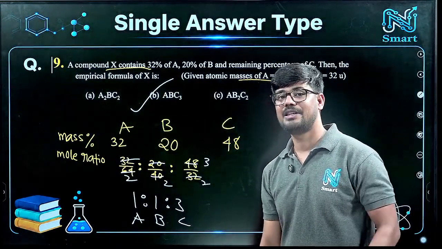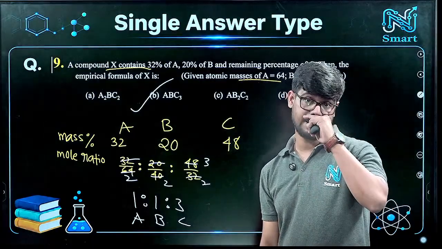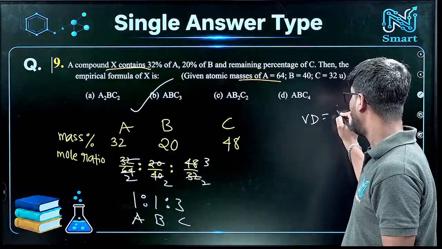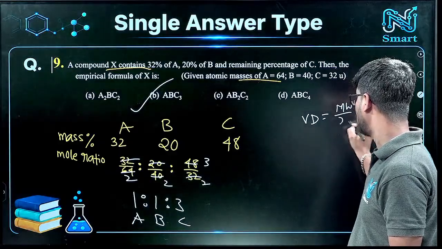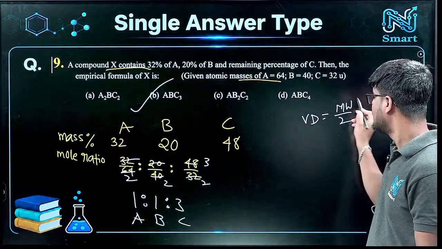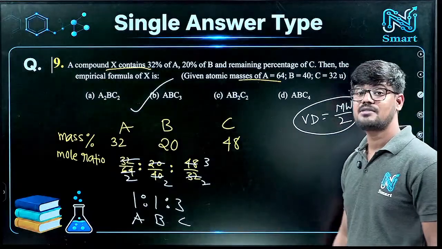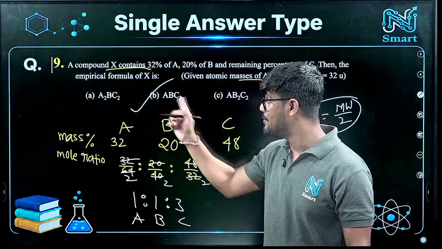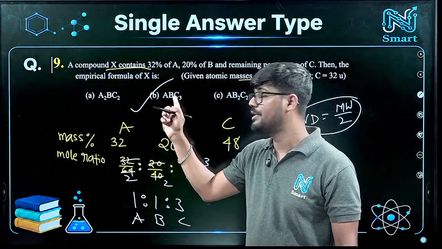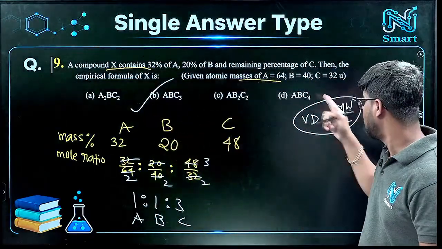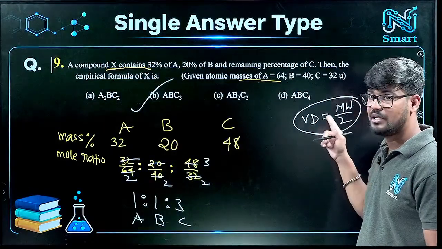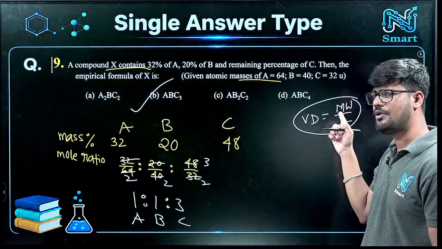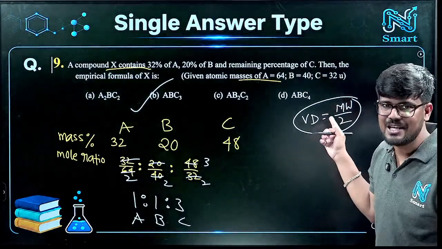In this case, they are asking only the empirical formula. If they are giving molecular weight using vapor density, I think you already know, vapor density means molecular weight divided by 2. 2 is coming from hydrogen. So sometimes they can ask molecular weight. First you have to get the empirical formula, then from this you will get the empirical weight, and using this equation, sometimes they will give vapor density, you have to get molecular weight, or sometimes they will directly give molecular weight.